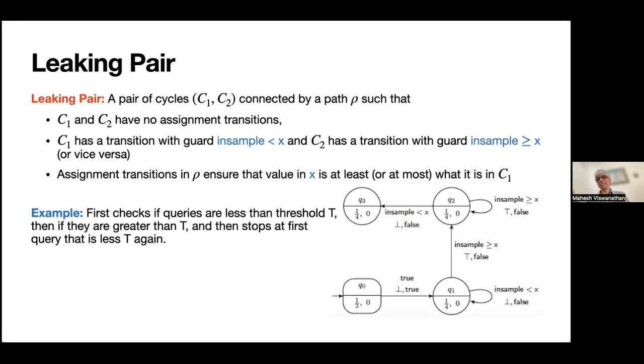And then at the first index where the input again becomes less than the threshold, I'm going to stop and output the index of that position. This has a leaking pair, because the self loop on the state Q1 and the self loop on the state Q2 satisfy the conditions of a leaking pair. Basically, the value of X is not stored in the path that connects the two cycles, and the two cycles compare the sample value with X in different orders.